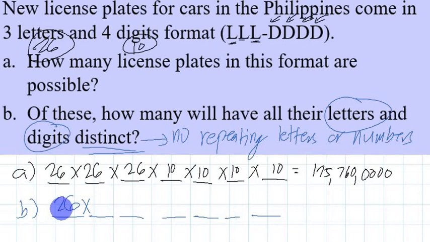So, how many letters are now the choices if we already removed one possible choice? That is 25. Going on with that pattern, how many now will be the possible letter choices in the third slot now that we already have 2 letters chosen and we cannot repeat those letters? Therefore, we're going to have 24 possible choices of letters in the third slot.